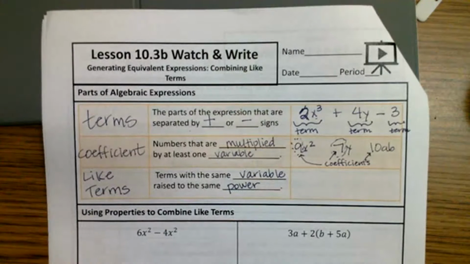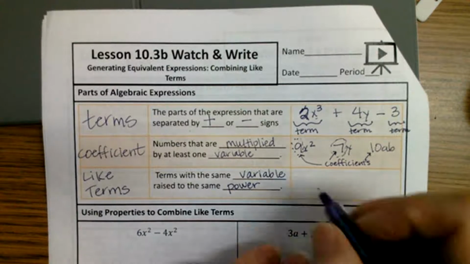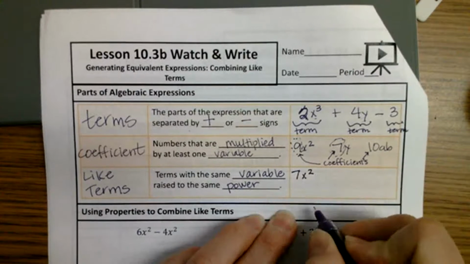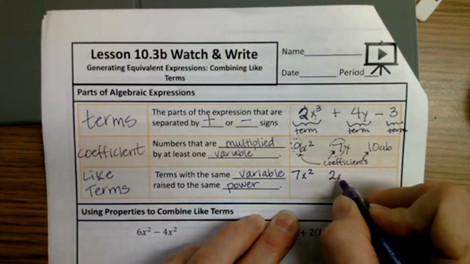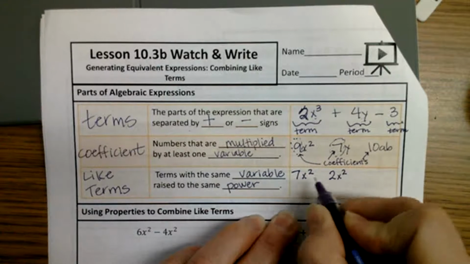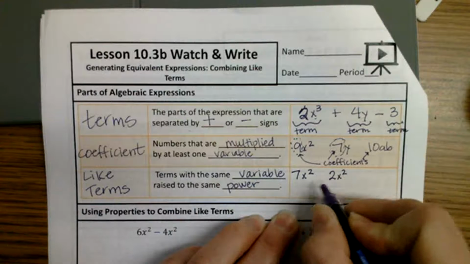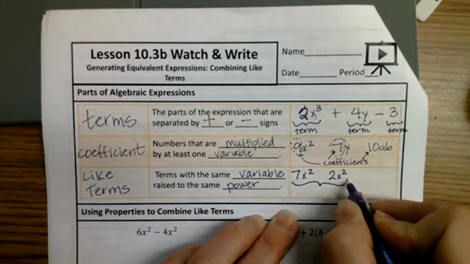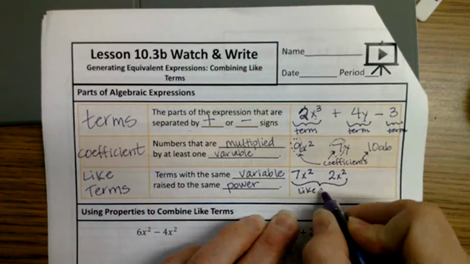So if a term has the same variable to the same power, then those are like terms. Let me give you an example. If you see 7x squared and 2x squared, both of those terms have an x squared. It's the same variable to the same power. So those would be like terms.